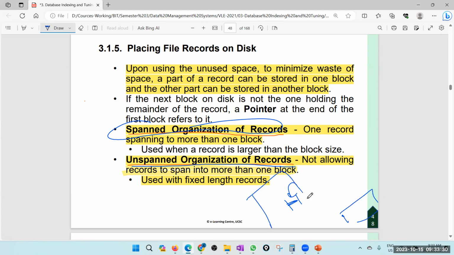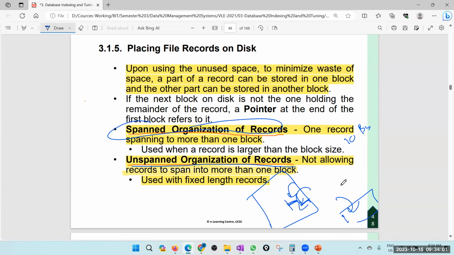So when we have a small available space here, maybe my one record is 10 bytes, but here we have another 3 bytes. So we can put part of that record here and the other part in another block. Then we call it spanned organization.